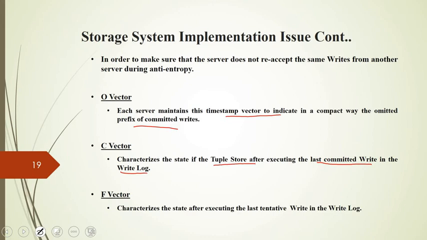And finally, the F vector is used to characterize the state after executing the last tentative write in the write log. The O vector, C vector and F vector, which are used for conflict detection, simply enable server pairs to identify precisely the set of writes which need to be exchanged during anti-entropy.